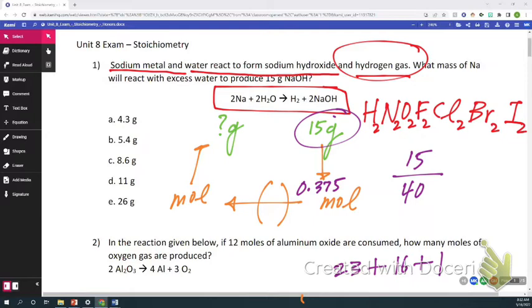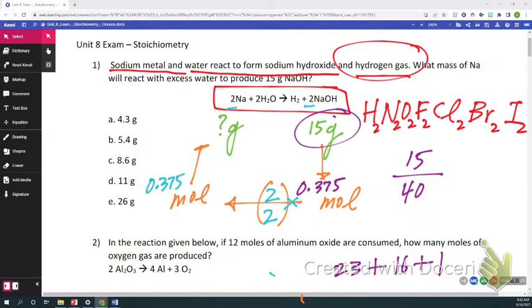This one's kind of nice because it's a 2-to-2 ratio, right? So where I'm going, Na, goes on top. Where I came from, NaOH, goes on the bottom. So you're multiplying by 1 to 1, so the moles here are not going to change. It's still 0.375 moles.